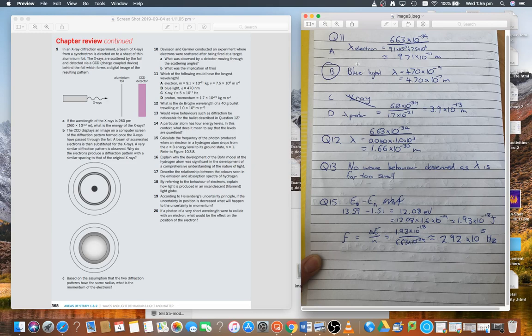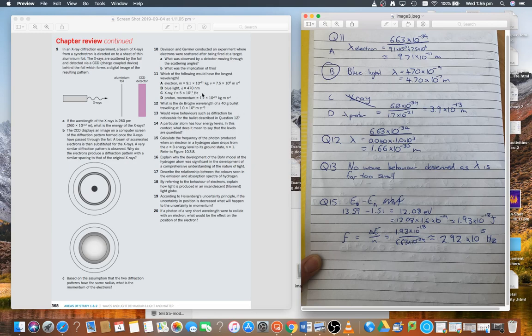So just by awareness of your regions of the electromagnetic spectrum, blue light would definitely have a longer wavelength than an X-ray. So I cross out X-rays without bothering to even convert it.